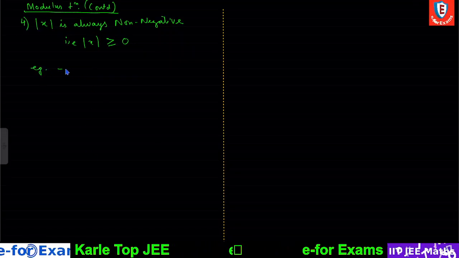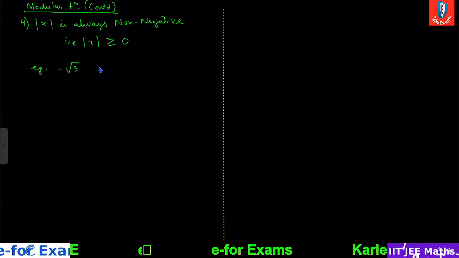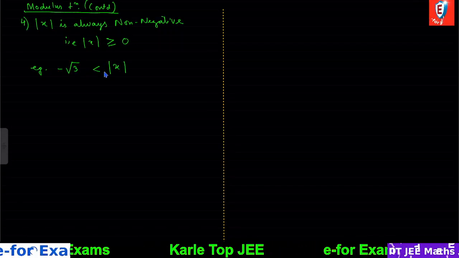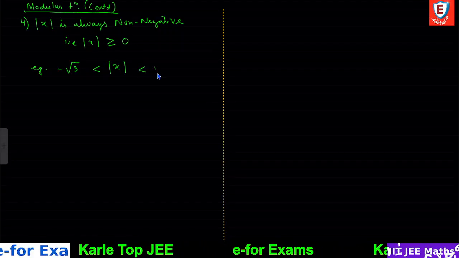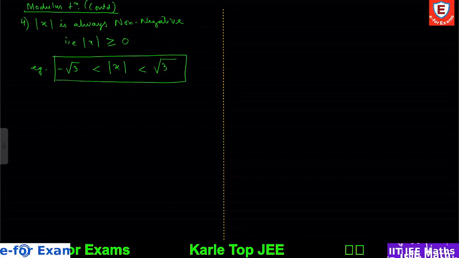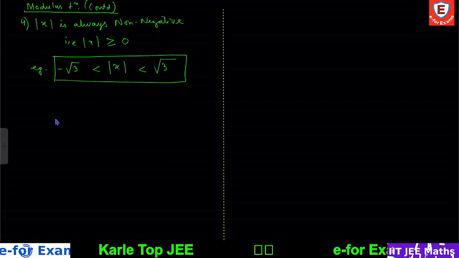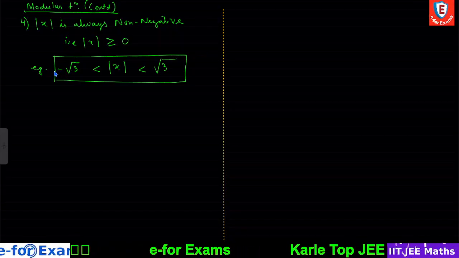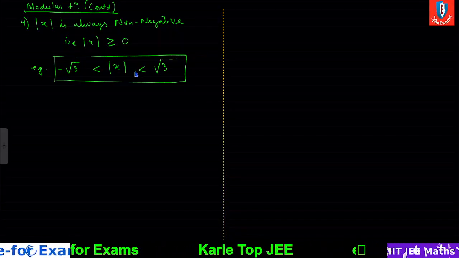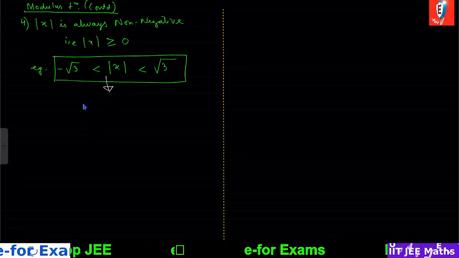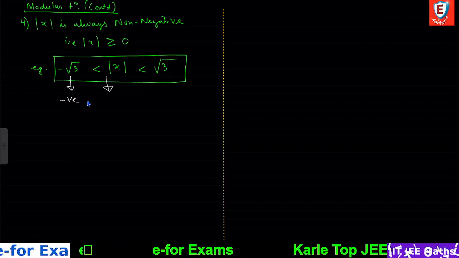Example, minus root 3 is less than mod x less than root 3, if this is given, then how do we conclude? See, this is a given. While solving any question, if it is given to us like this, minus of root 3 is less than mod x less than root 3, then how will we proceed further? Just see here, this is a negative value.